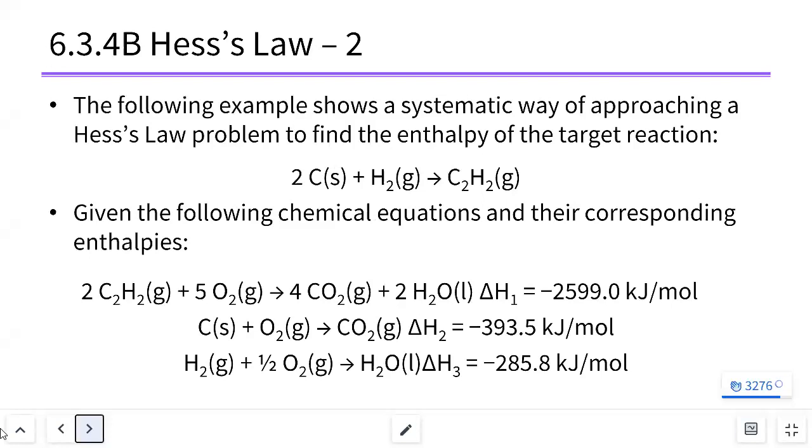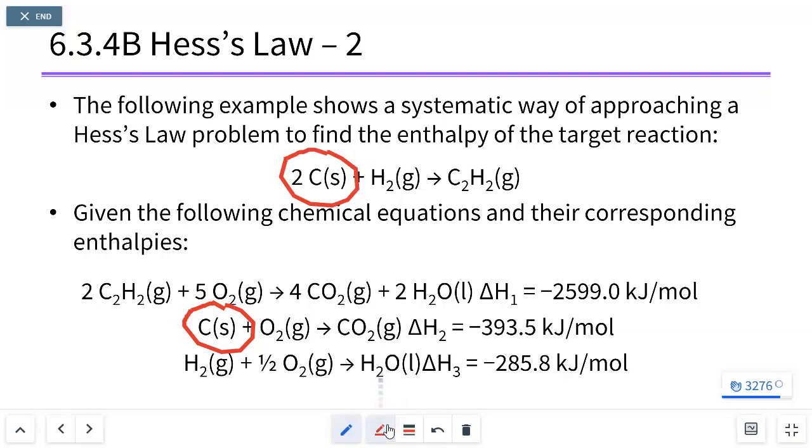So here's an example of how that might be done. You can see here that I have three different chemical reactions. Each one of these reactions contains something that is present in the reaction that I'm interested in.